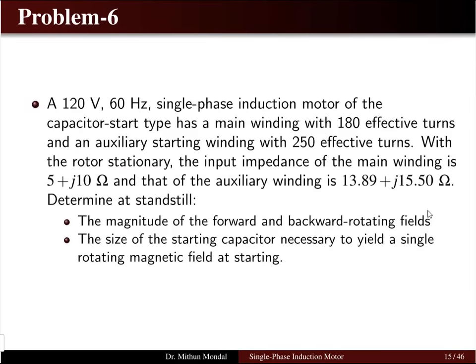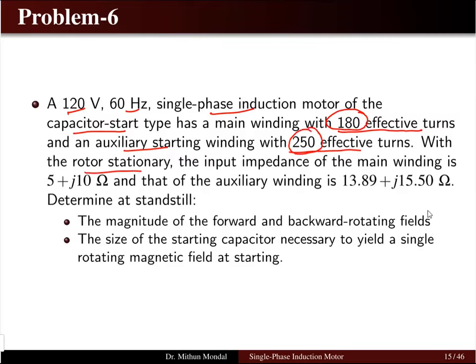Next problem, where you have a 120 volt, 60 Hz single phase induction motor, which is again the capacitor start type. The main winding has 180 effective turns and the auxiliary winding has 250 effective turns. These are the number of turns on the main and the auxiliary windings.